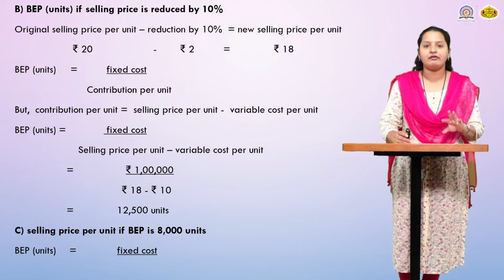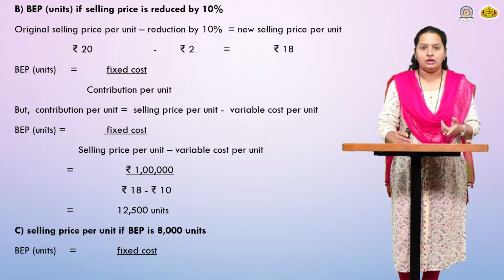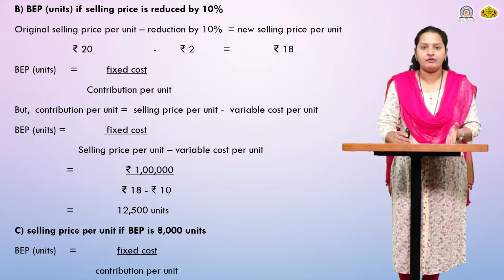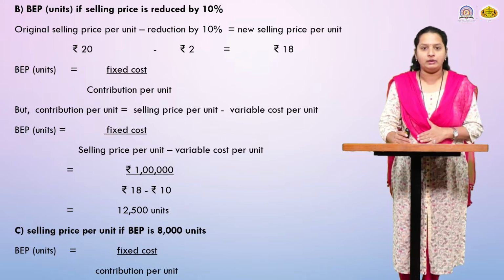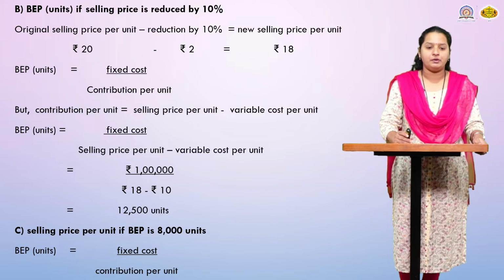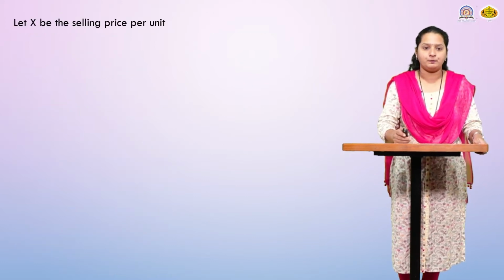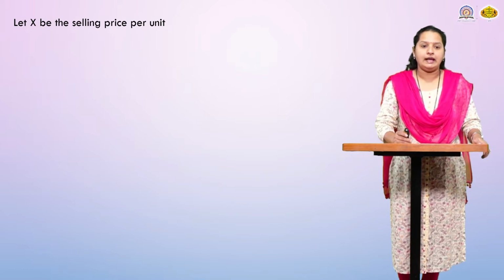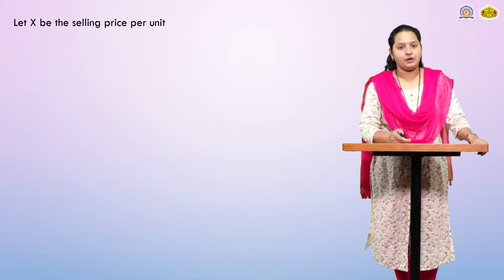So it is exactly the reverse of question 2, where the selling price is given but we were required to calculate the BEP units. Again we will use the formula: BEP units is equal to fixed cost upon contribution per unit. So let X be the selling price per unit.